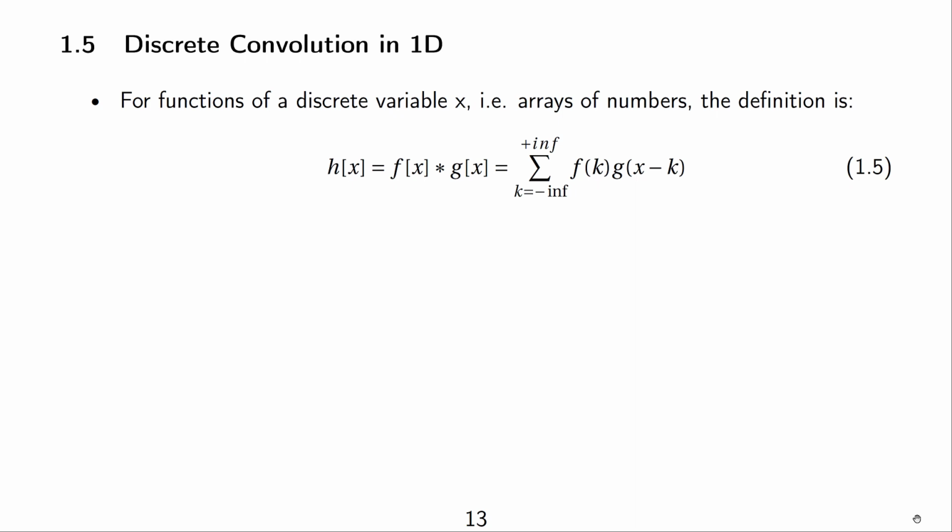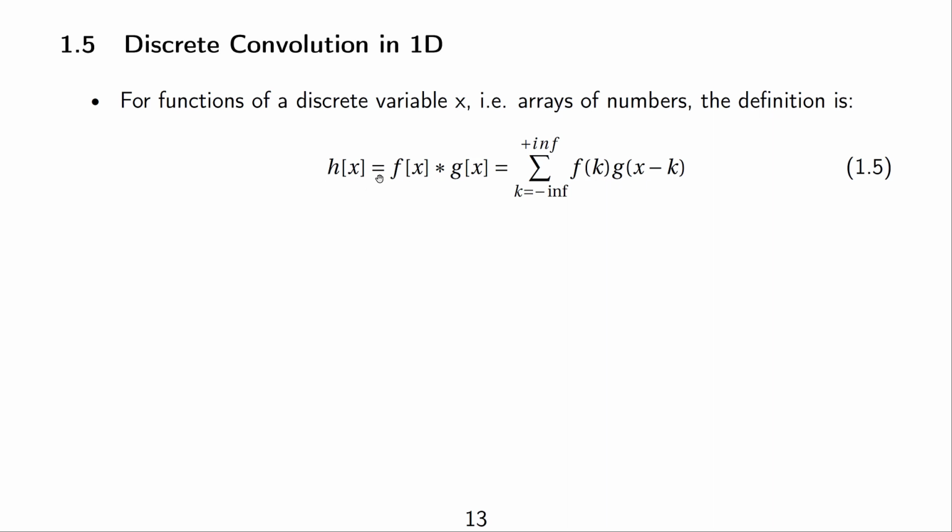Convolution can be described in the continuous form as well as the discrete form, and the discrete form is often more relevant for computer science, at least for the implementation. So we have h of x, and this notation says that this is like an array. A discrete function is given maybe by an array of numbers, and x is the index into this array.